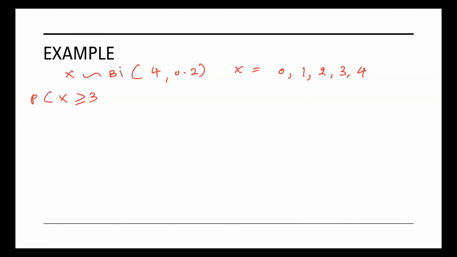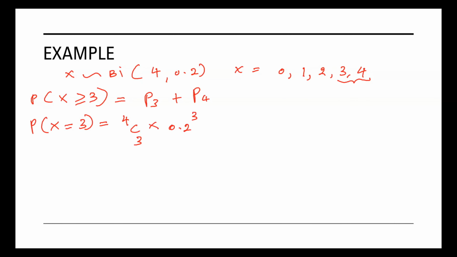Now if you want to find the probability of x greater than or equal to 3, then how to find that? That means they are asking the probability of getting 3 and 4, which means you need to get P3 and P4. So first, let's take P3. That means when x equals 3, n is 4, 4C3 into 0.2 to the power 3 into 0.8 to the power 4 minus 3.